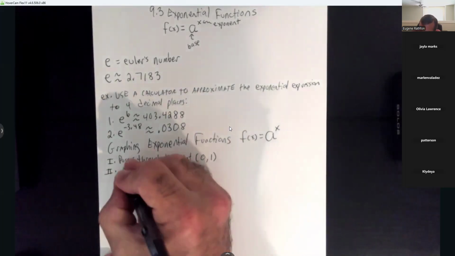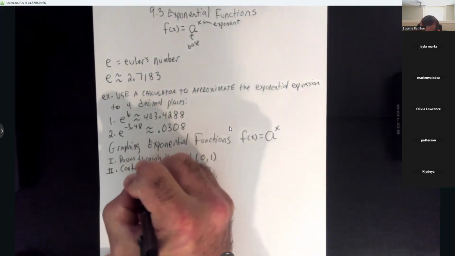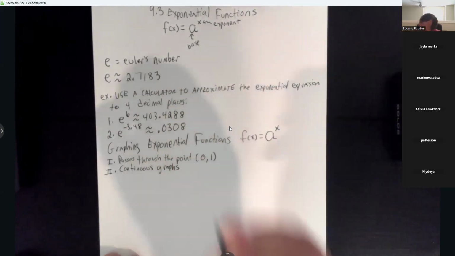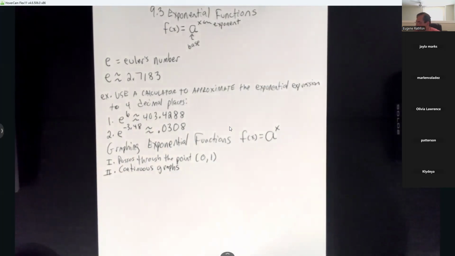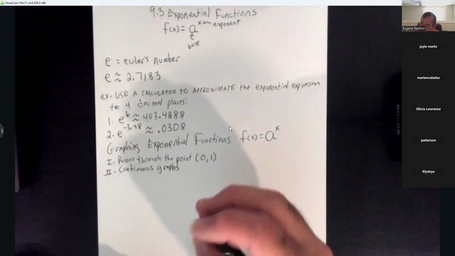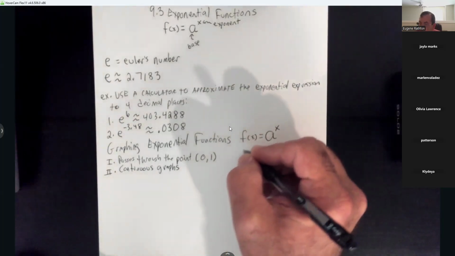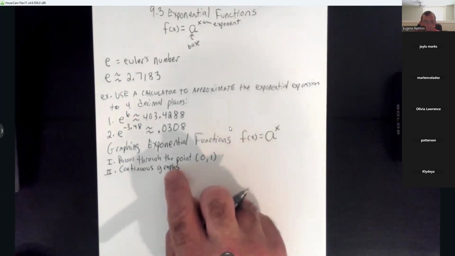All right, these graphs are continuous graphs. So continuous, I mean there's no asymptotes or no holes in the graph. They just keep a smooth curve.